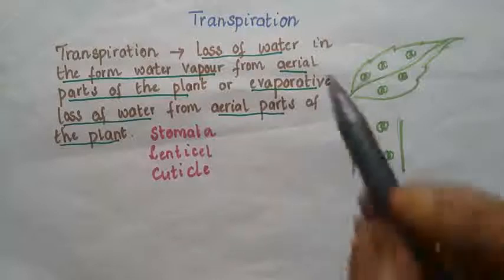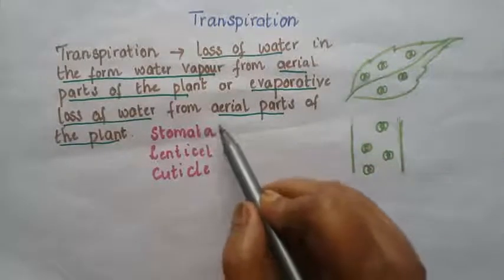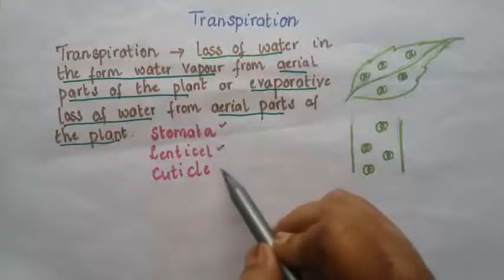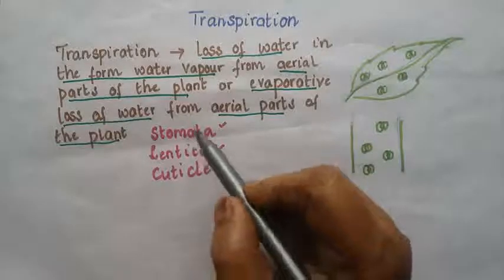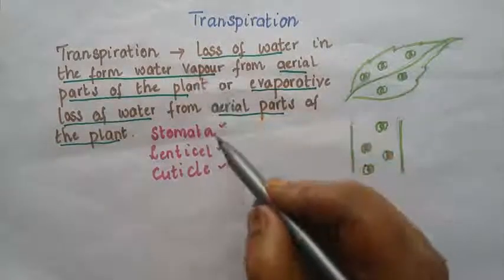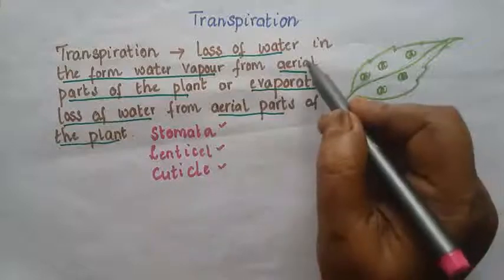So, aerial parts of the plant refers to stomata, lenticel and cuticle. So, when you write the definition of transpiration, you have to mention even these three words when you write about this definition.